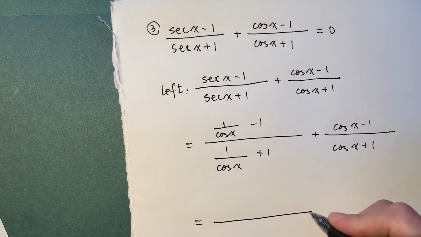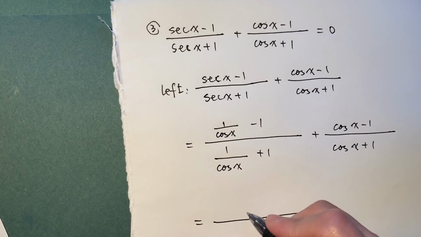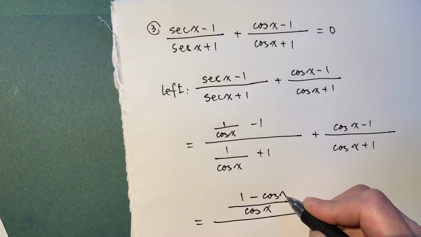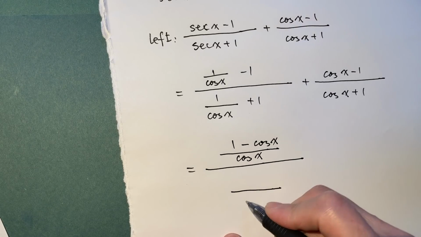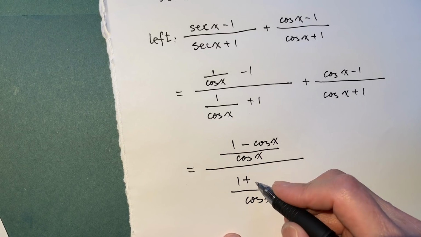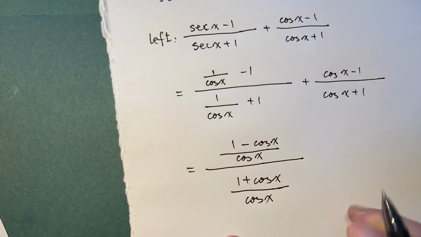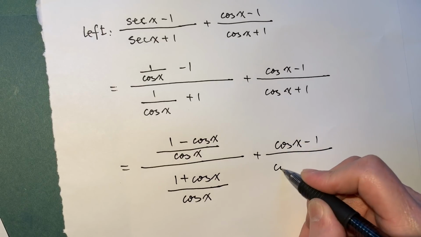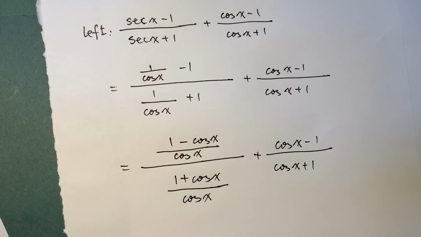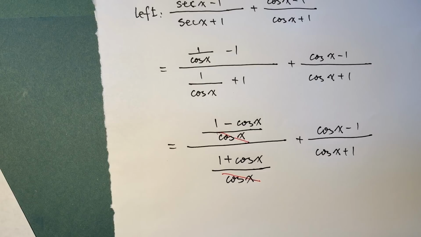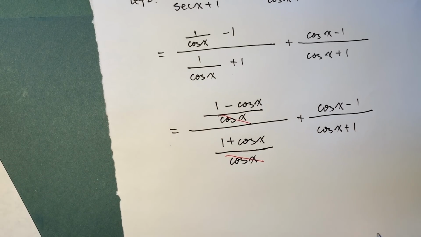So we find the common denominator, the numerator is 1 minus cosine x, and the new denominator is cosine x and 1 plus cosine x, plus cosine x minus 1 over cosine x plus 1. So we can cross cancel the denominator, and these are the numerators, so leave it on the top.